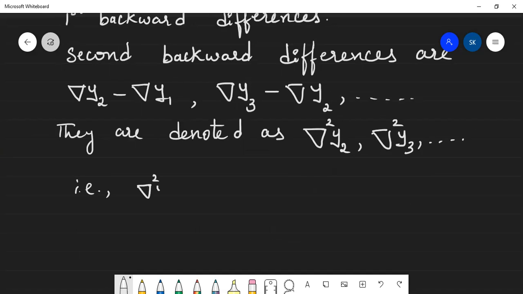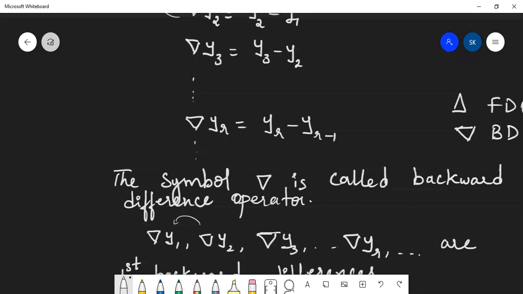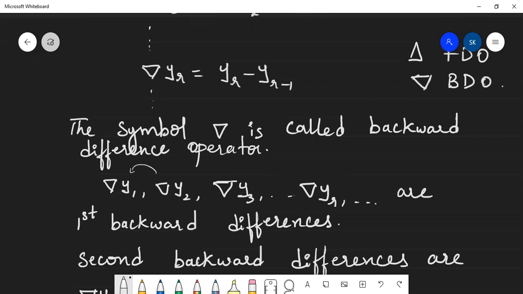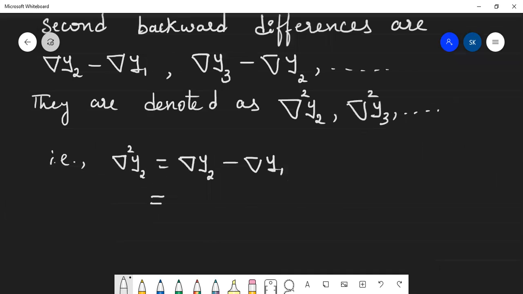Backward delta square y2 is nothing but backward delta y2 minus backward delta y1. What is the backward delta y2 value? Scroll up. Backward delta y2 is y2 minus y1.